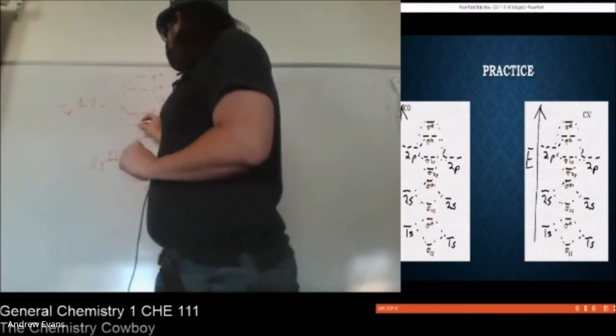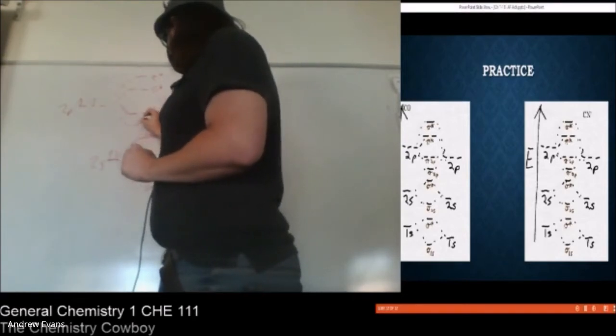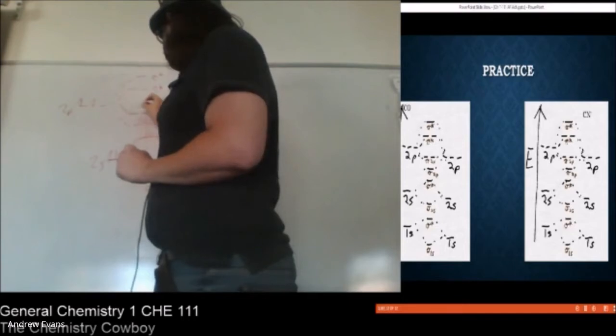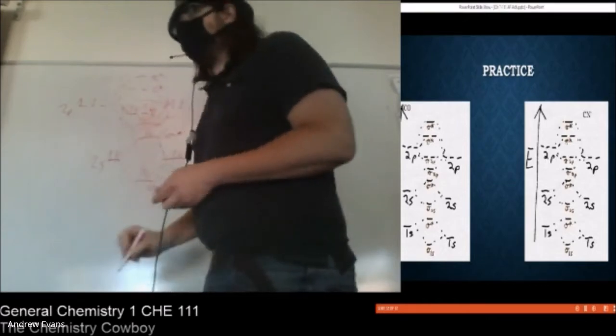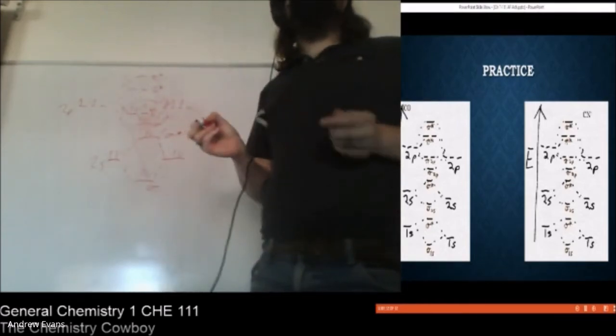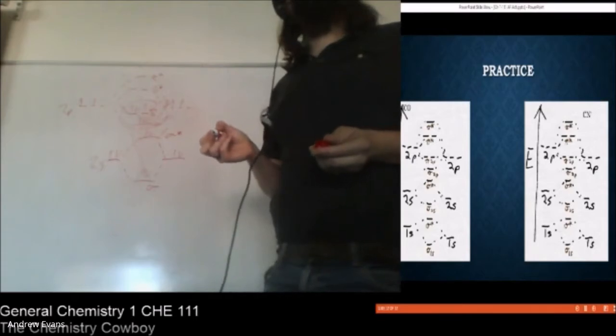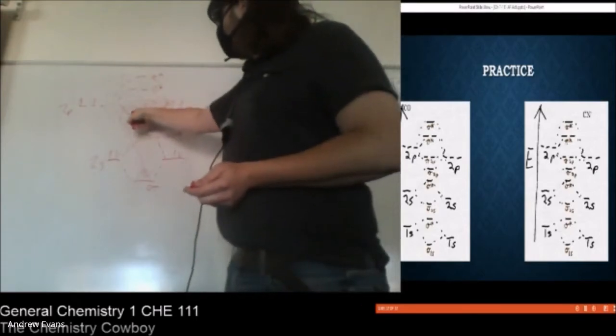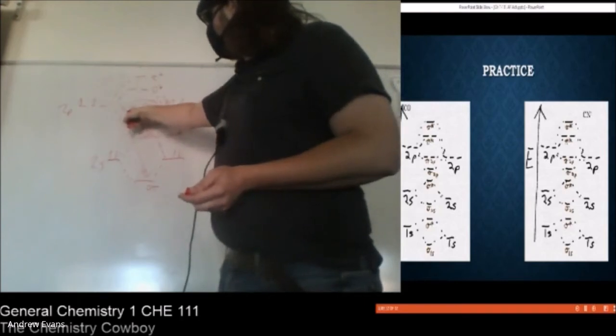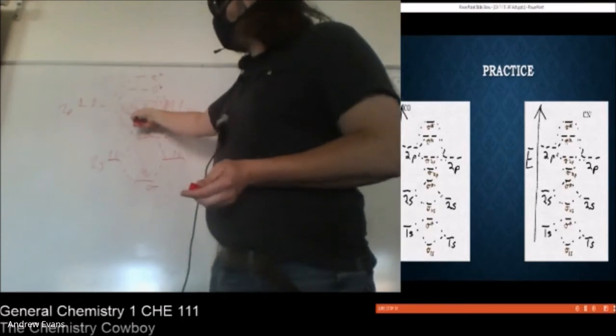We have a total of 10 we need to use. 5, 6, 7, 8, 9, 10. Since these guys will almost always cancel out, what is the bond order of CO? The bond order of CO is 3. 2, 4, 6 divided by 2 is 3.